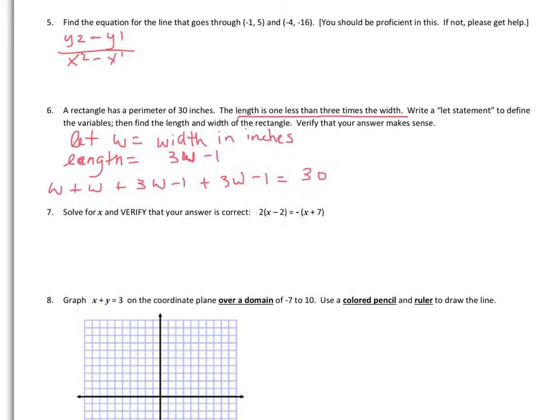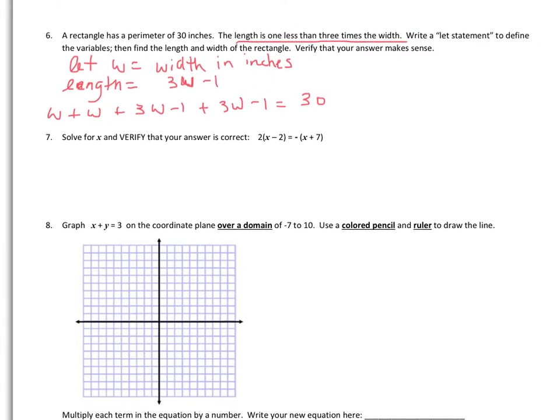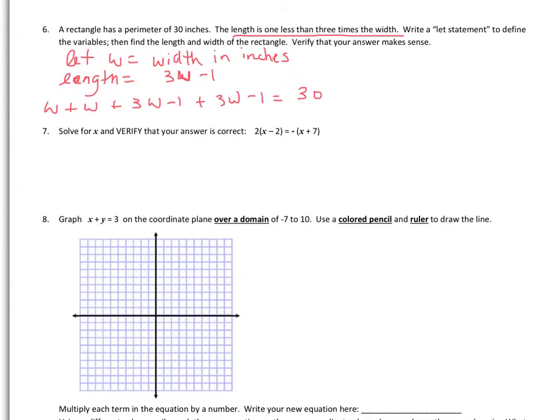Number 7 says, solve for x and verify that your answer is correct. This is a review from our distributive property unit. What is 2 times x minus 2? And what is negative 1 times x plus 7? Remember, you're taking this 2 and you multiply times x and then times negative 2. 2 times x is 2x. 2 times negative 2 is negative 4.